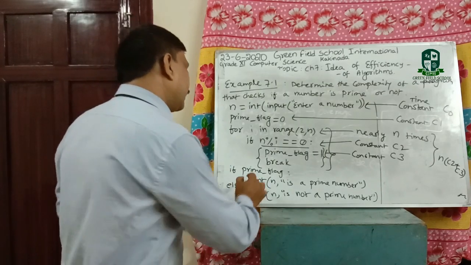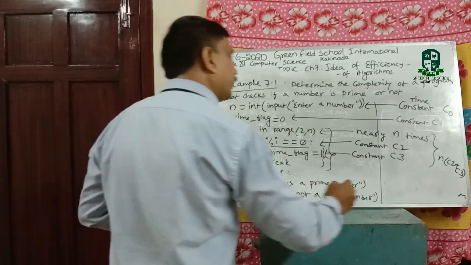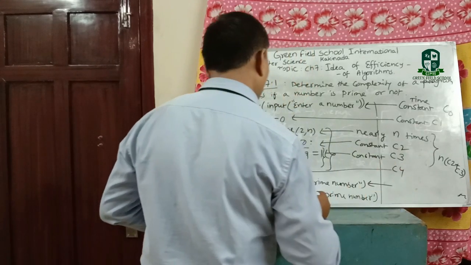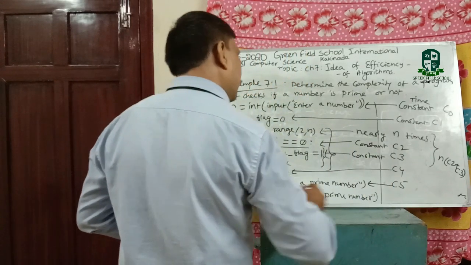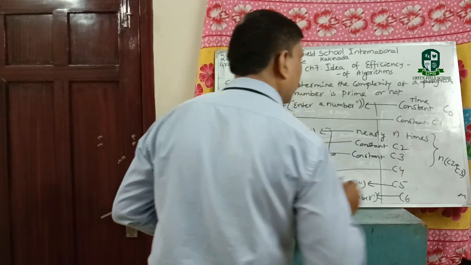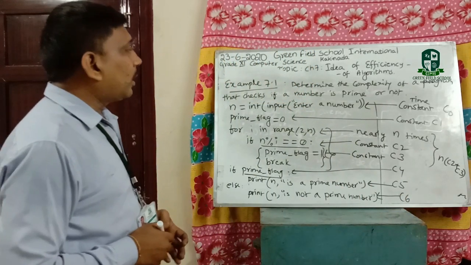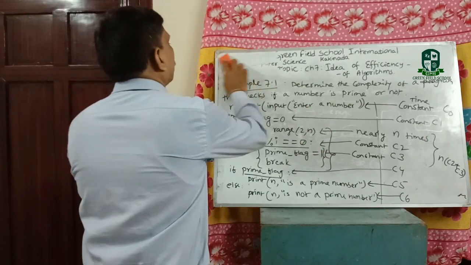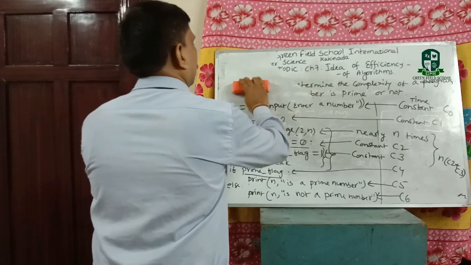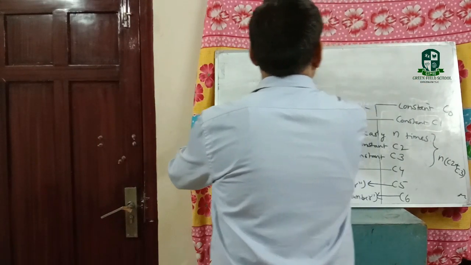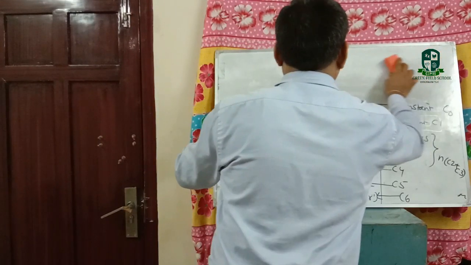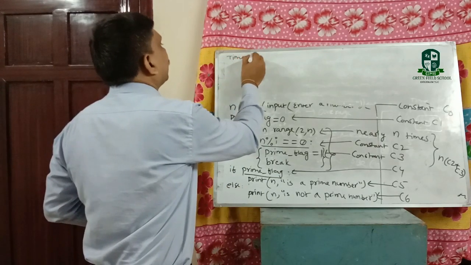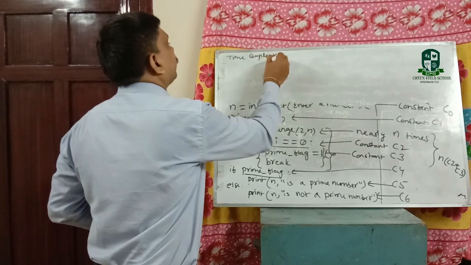Next we consider one condition. This one is one statement, so this one is C4, this one is C5, this one is C6. So how do we calculate the total time complexity?